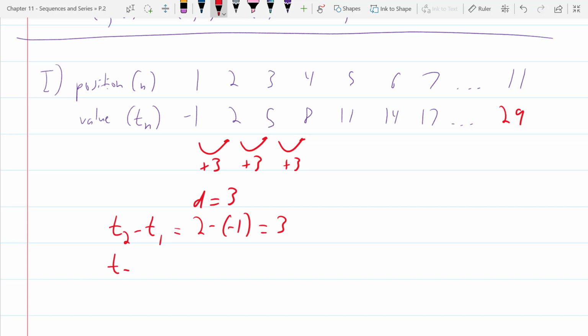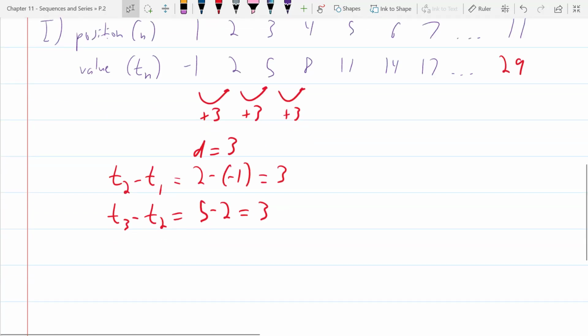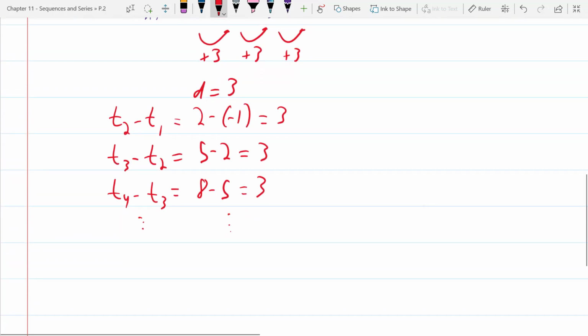I can do t sub 3 minus t sub 2, which is 5 minus 2, or 3. I can do t sub 4 minus t sub 3, which is 8 minus 5, which is also 3. You get the idea. We could keep going with that forever. But that is how you obtain the common difference. You take a term and you subtract it from the one that came before.